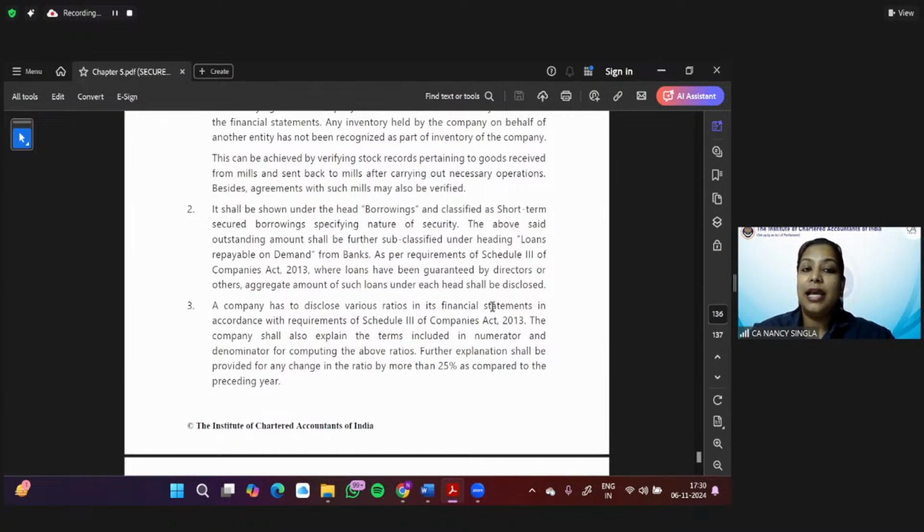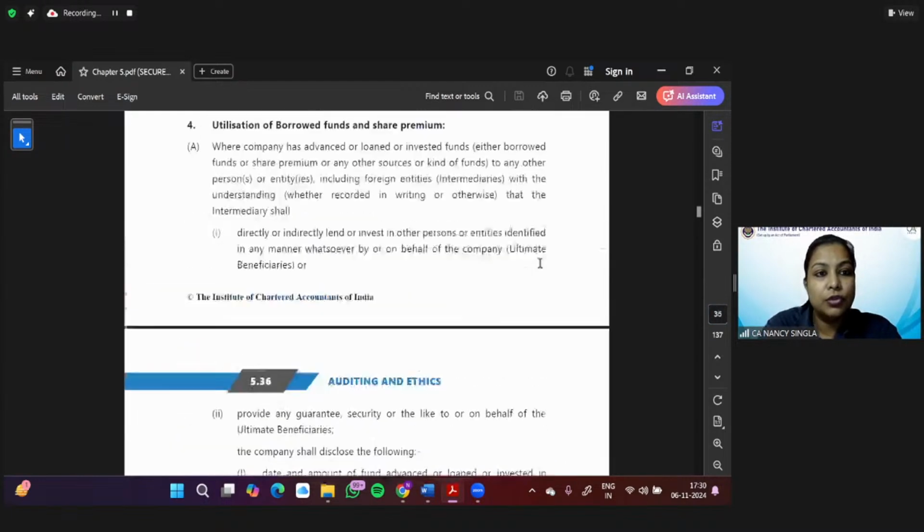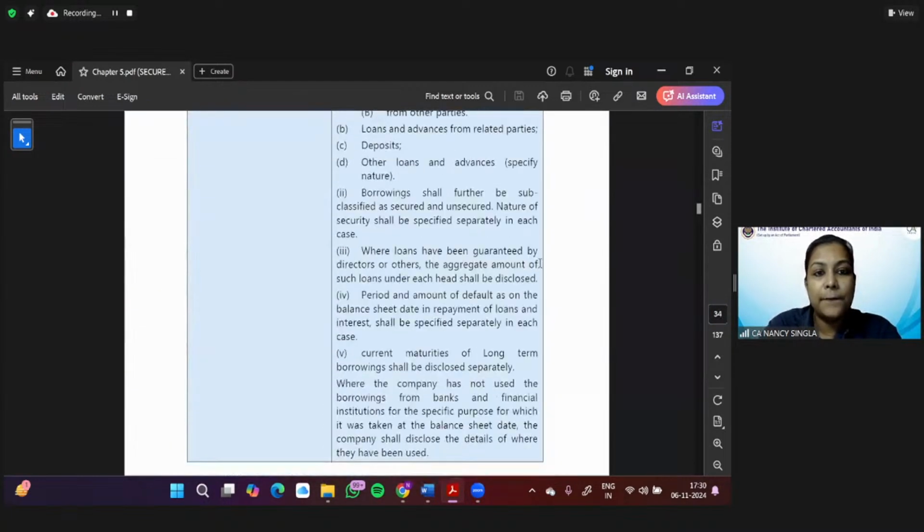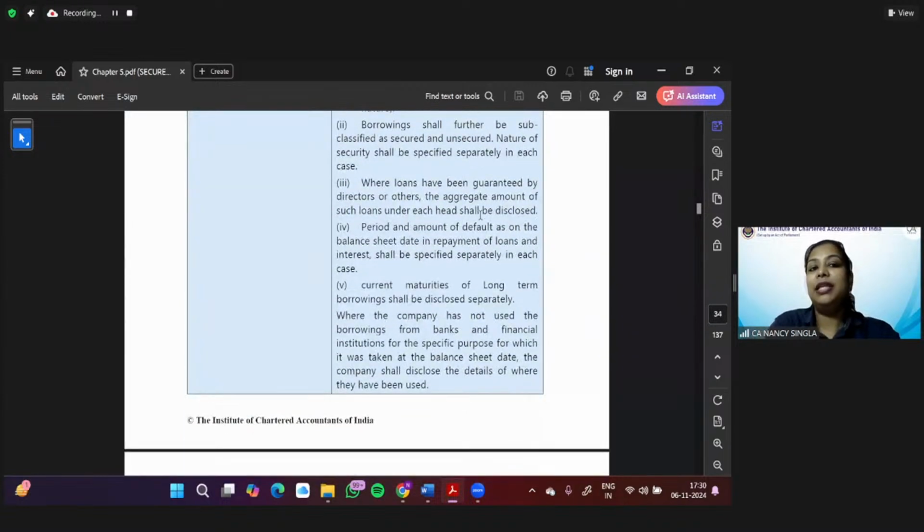There is a line which talks about what the loans been guaranteed by directors, and if you just look at the disclosure requirements, please. So see, whether loans have been guaranteed by directors, the same shall be disclosed separately also. So I hope students you are able to now answer to the questions.